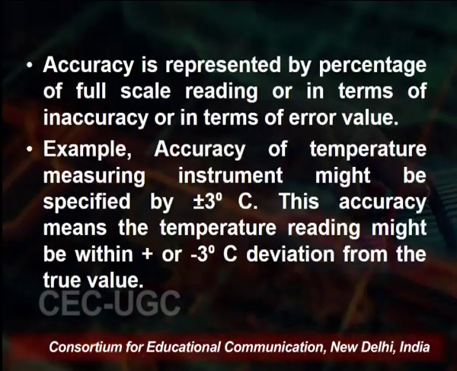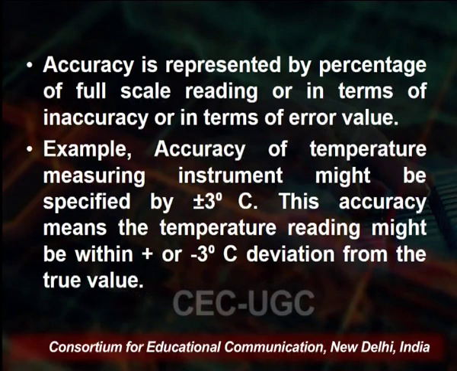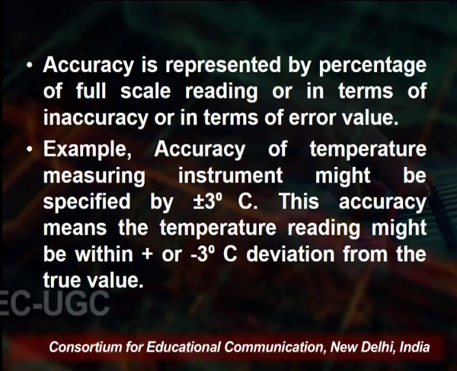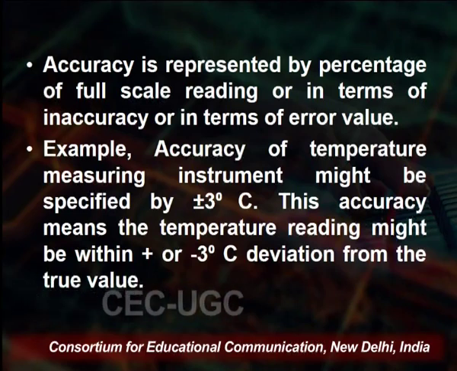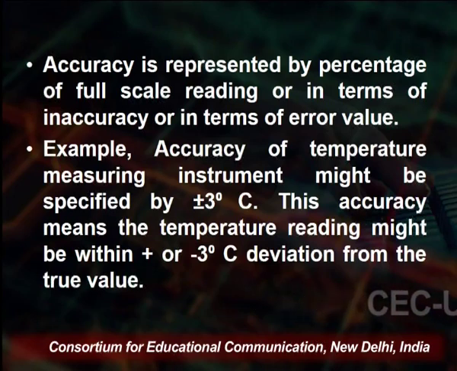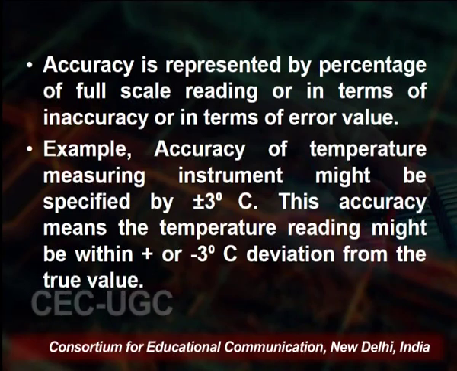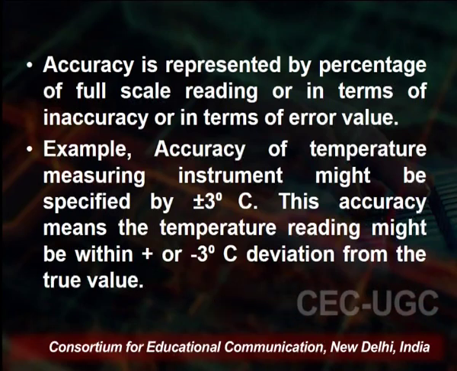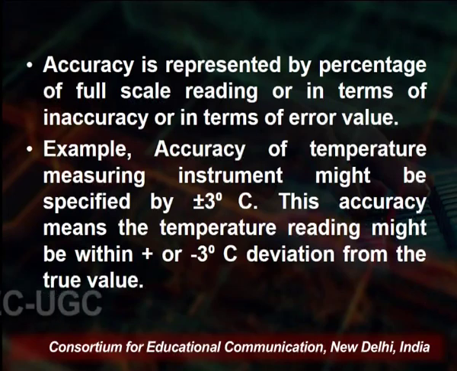Accuracy is represented by percentage of full scale reading, or in terms of inaccuracy, or in terms of the error value. For example, the accuracy of a temperature measurement instrument might be specified as plus or minus 3 degrees centigrade. This means the temperature reading might be within a plus or minus 3 degree deviation from the true value.